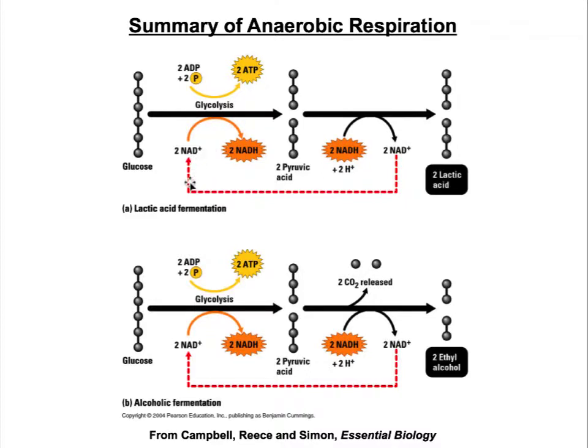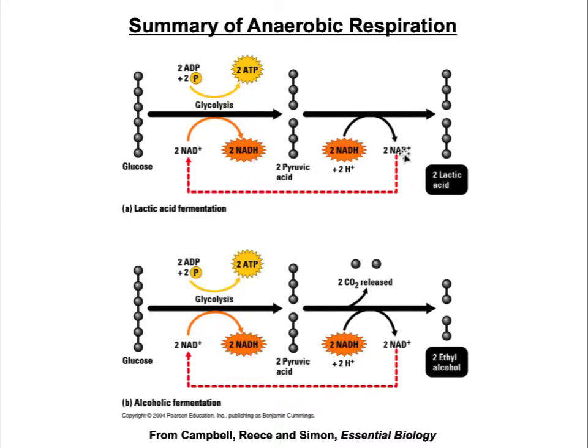Interestingly, you can see something going around in the cycle here. So NAD plus, which is the depleted energy carrier, is then converted to the charged energy carrier in glycolysis. But during the conversion from pyruvic acid to lactic acid, the electrons are taken from NADH and given to lactic acid.